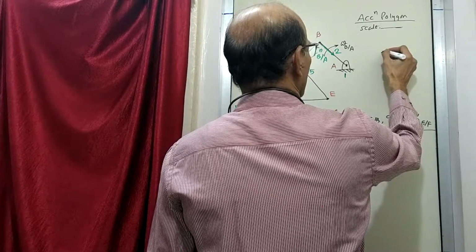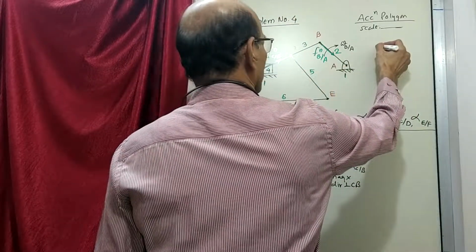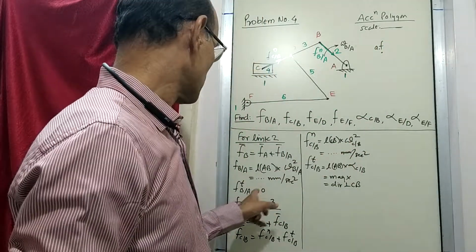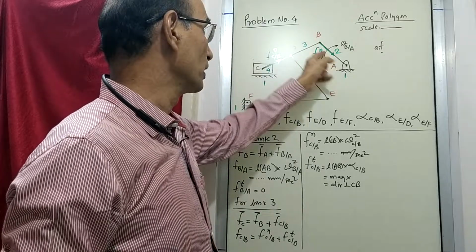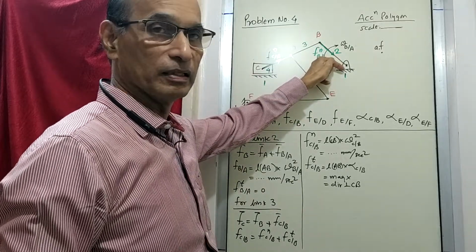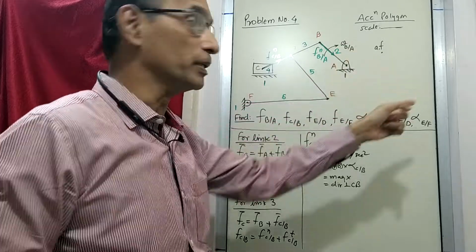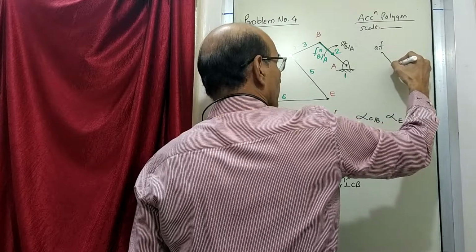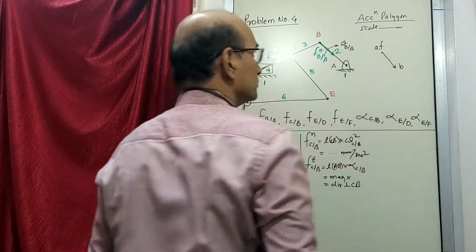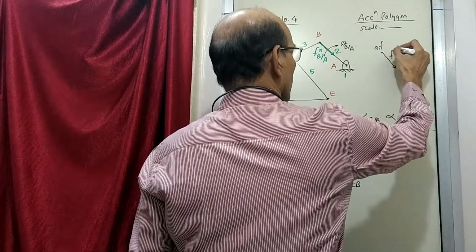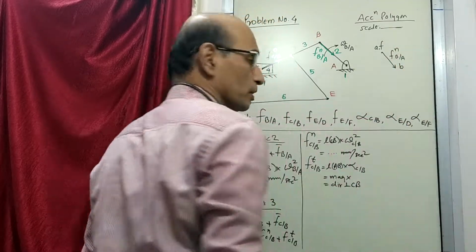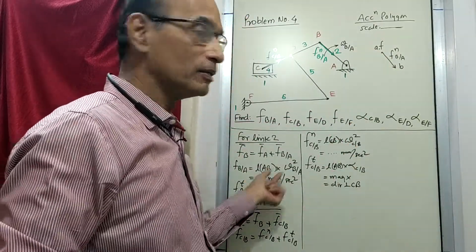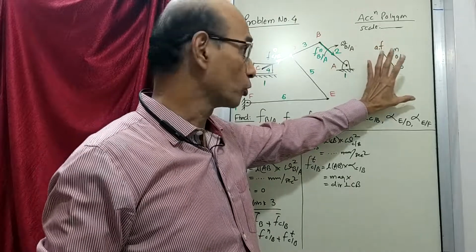I'll take some point here as the fixed point, that is A and F. Now the first acceleration normal of B with respect to A, from capital B to capital A in the linkage diagram, and here it is from A to B. So this vector I draw starting from A, and it goes to B, and this is final B, and this is F normal of B with respect to A. Now when you draw this length as per the actual size. Now I don't have any magnitude here, so I am just showing you the process.